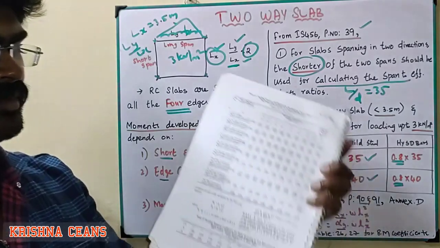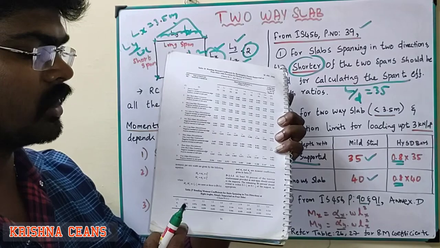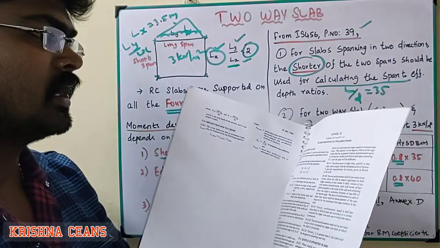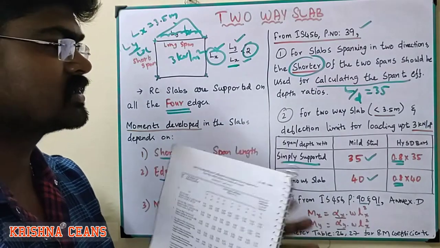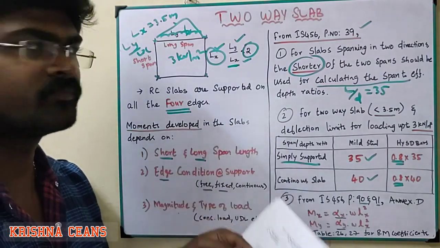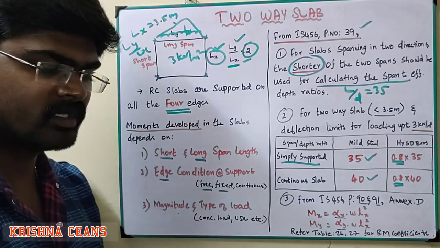The alpha x and alpha y values we have to refer from the table. So kindly note down page number 90 and 91, Annexure D, slabs spanning in two directions, which is available in your IS 456. We have to go through this before going to the design of slabs.